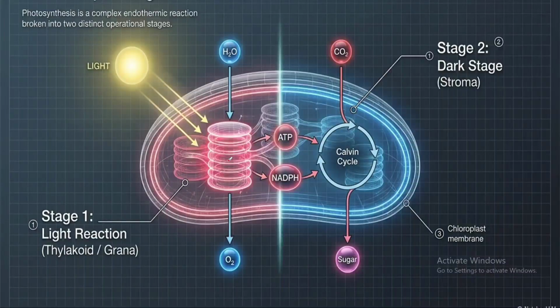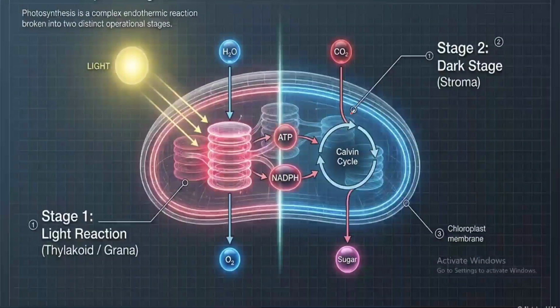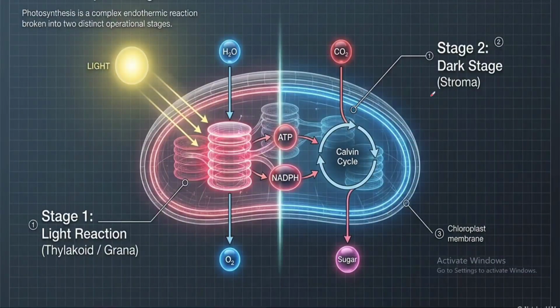They are called this because they happen in the presence of sunlight. Then the dark stage happens at the stroma of the chloroplast. Now, the stroma is the outer liquid part where you can find the grana or the thylakoids. So outside is the stroma. This is where the light independent or dark stage reaction takes place.